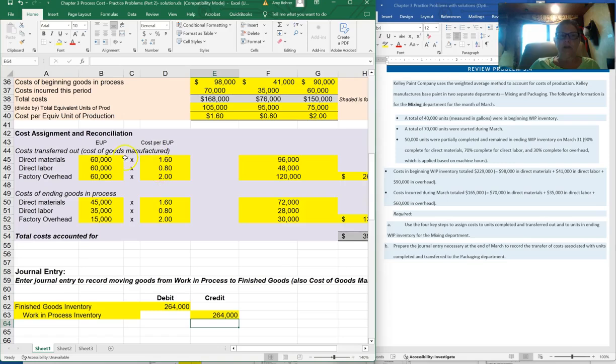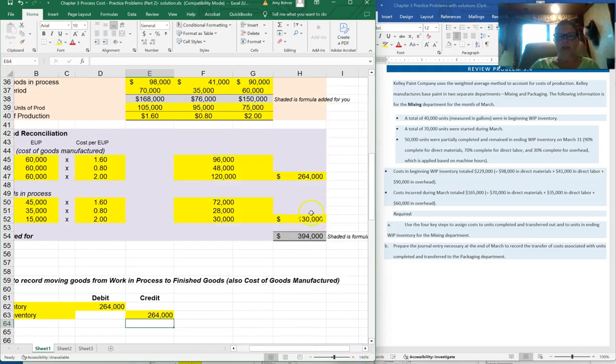Once these goods are finished, they're 100% for direct materials, 100% for direct labor, and 100% for overhead. Those costs then have to be moved over to the finished goods inventory out of the work in process inventory. So then the costs that are left should be the $130,000. So you should have $130,000 sitting there in your work in process inventory on your balance sheet.